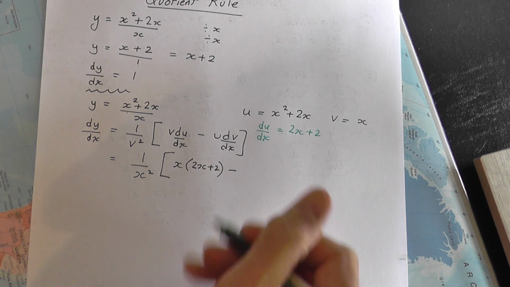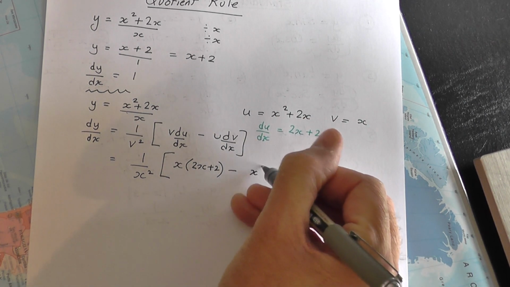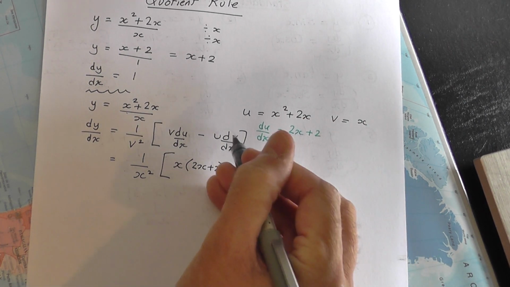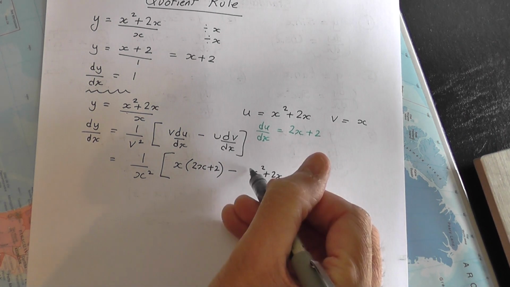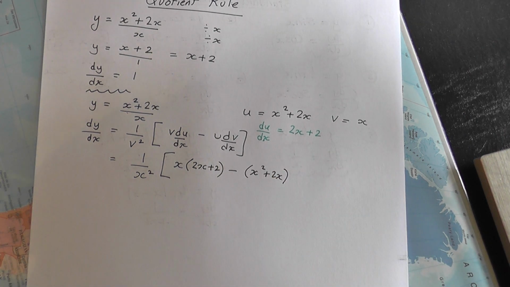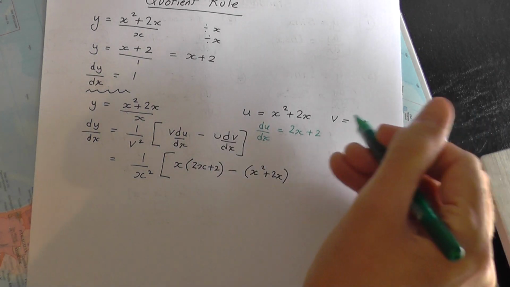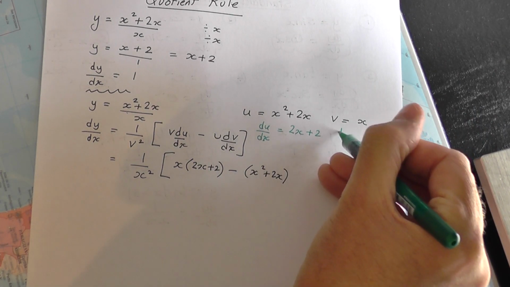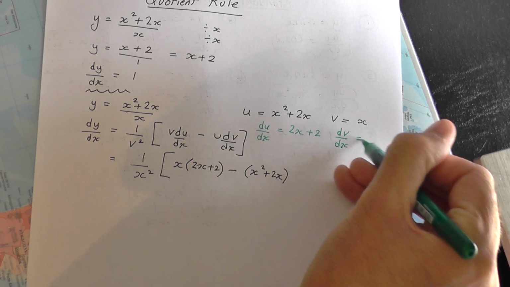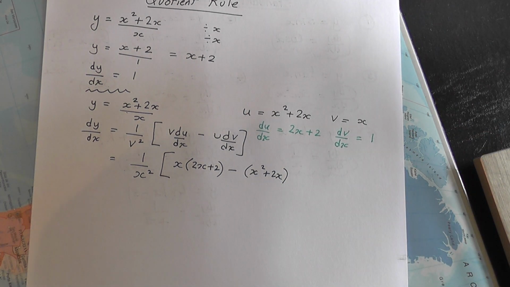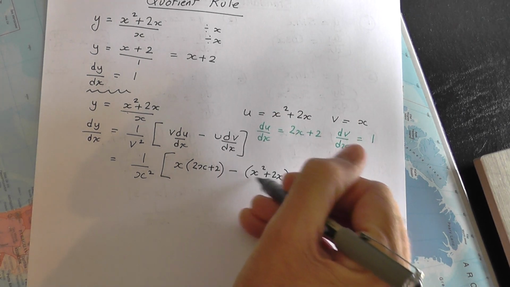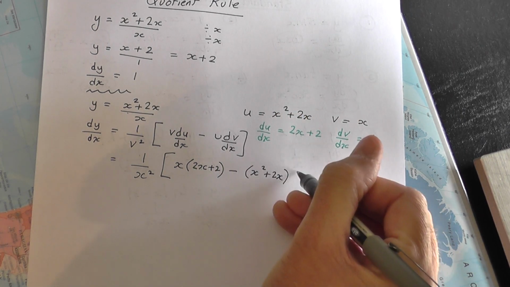Take away u, that's x squared plus 2x, and that's going to be multiplied by dv by dx. So if I'm going to multiply all of that by something, put it in a bracket, and then I need dv by dx. Go back up here, v is equal to x. So dv by dx, differentiate it, will give 1. So u is that bracket, times dv by dx, 1.